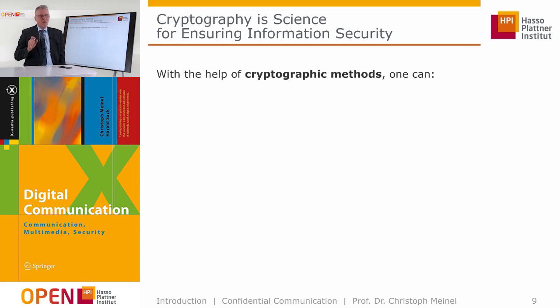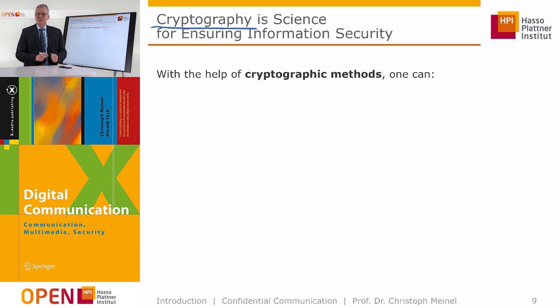Most tools to reach the security goals in the internet come from cryptography. Cryptography and cryptographic methods are the science, an old science, for ensuring information security. It is already older than 2000 years.